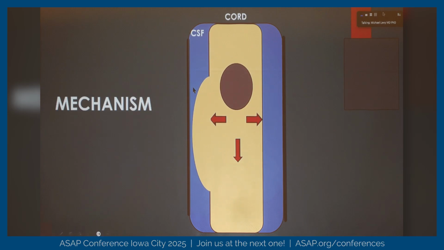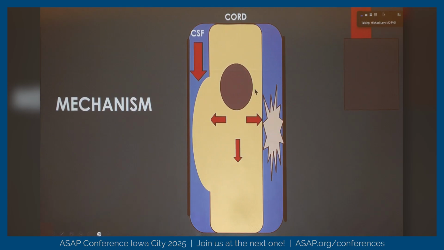That modification creates one kind of redistribution of force, but also turbulence. The combination of those factors will inhibit further progression in the CSF space inferiorly, but create a problem where this force is now distributed into the parenchyma of the cord.